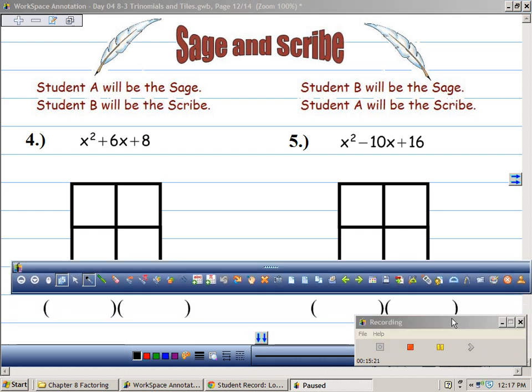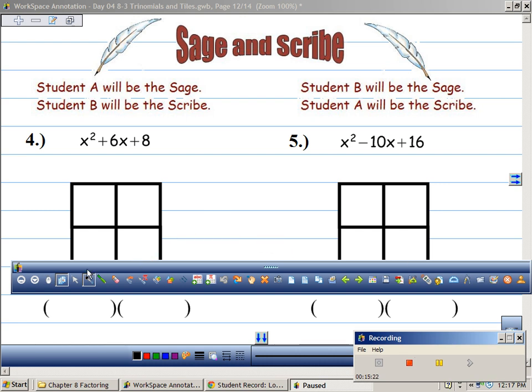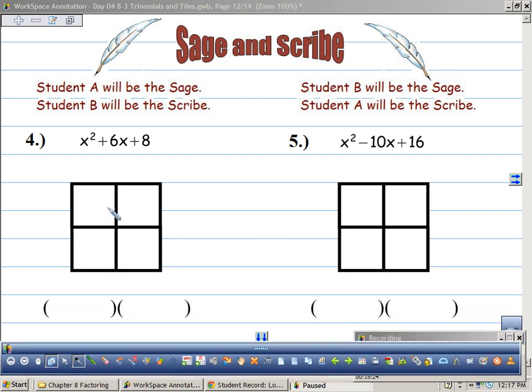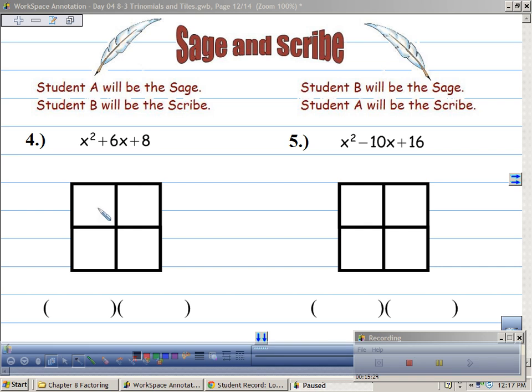Okay, so Andrew has volunteered to stage for me. Andrew, tell me how to do number 4. Alright, you put X in the first box. Thank you. So put X on the left of that box and on top of it. Outside of it? Yeah, and on top. That's when you get X squared.